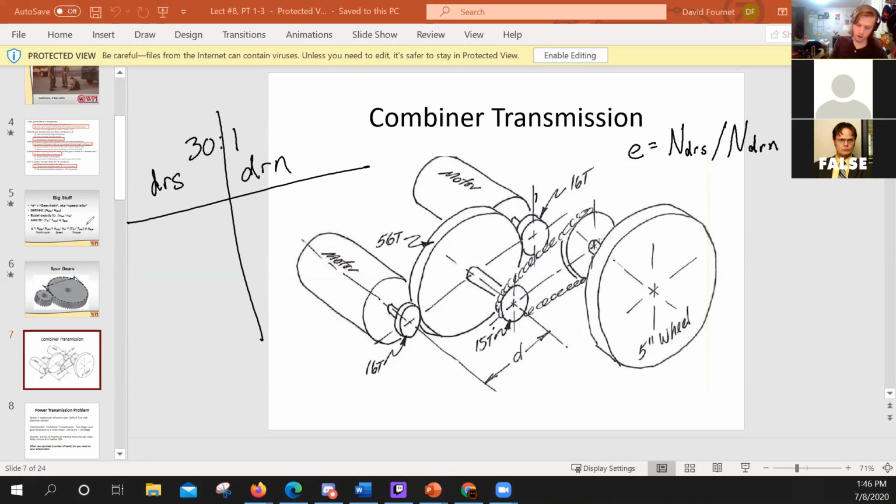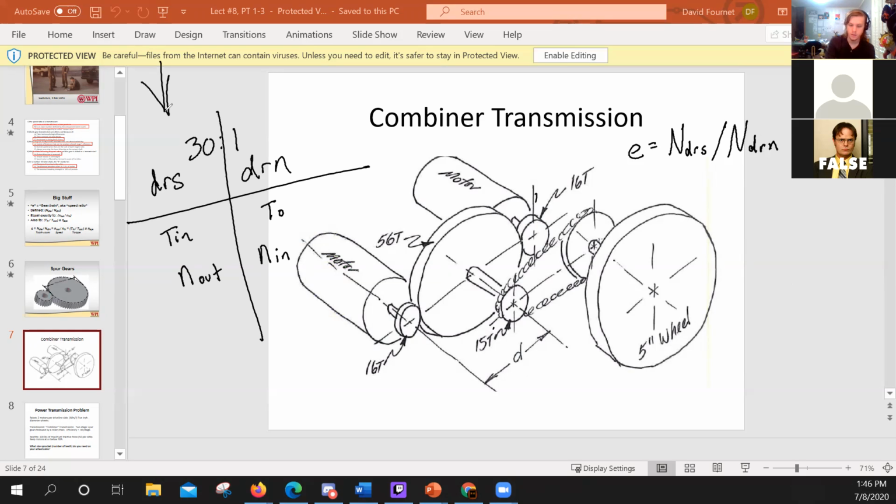If we go back to our initial thing, then we'd have our torque in, and we'd have our torque out, and then we'd have our speed out. Speed out, there we go, and our speed in. So basically what we'd be doing is asking how much speed do we have coming in.